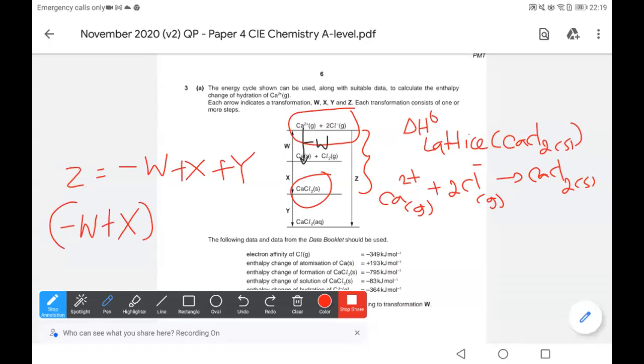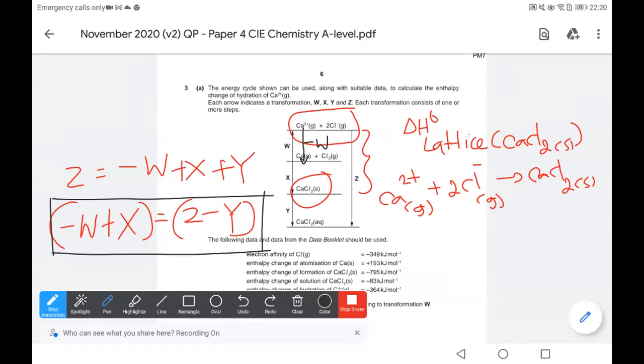That means it is equal to Z minus Y. So this will be the answer.